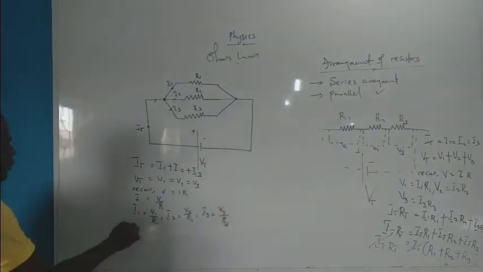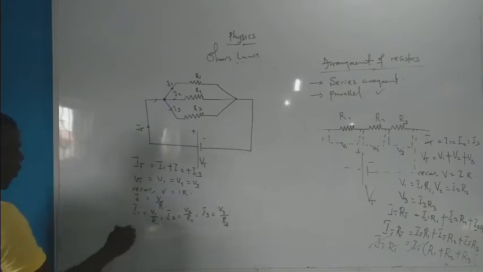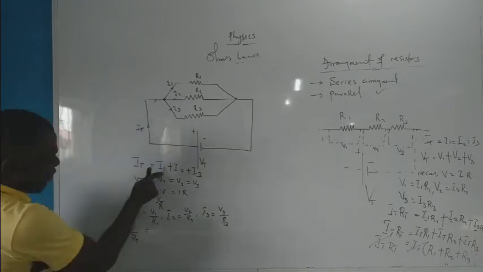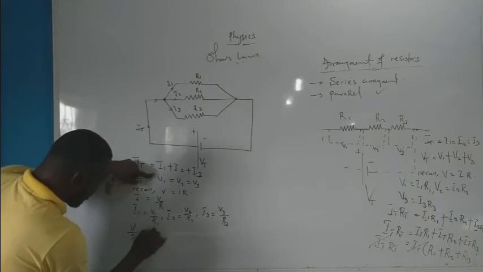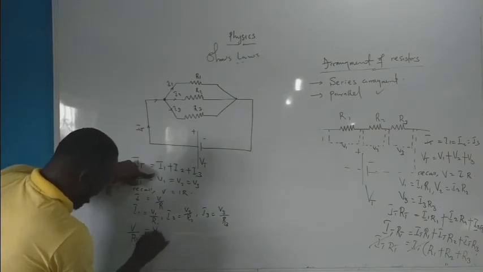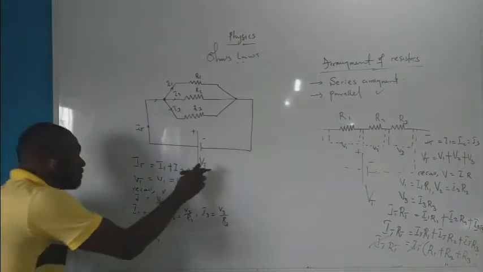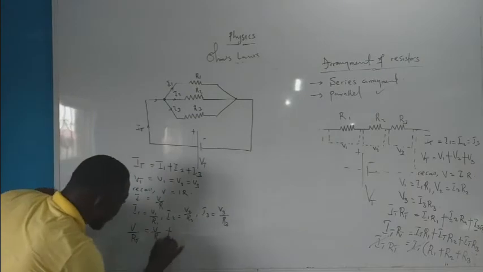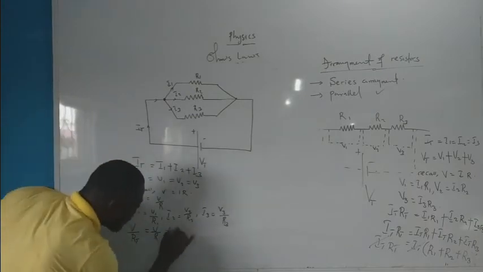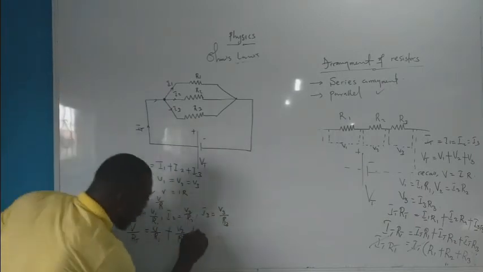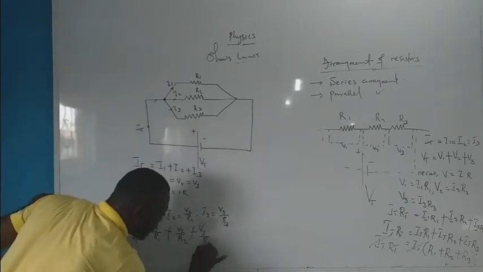So what will be I total? I total will be equal to V over R total, which equals I1, that is V over R1 because they are connected in parallel so they have the same voltage, plus I2, which is V2 upon R2, plus I3, which is V3 upon R3.